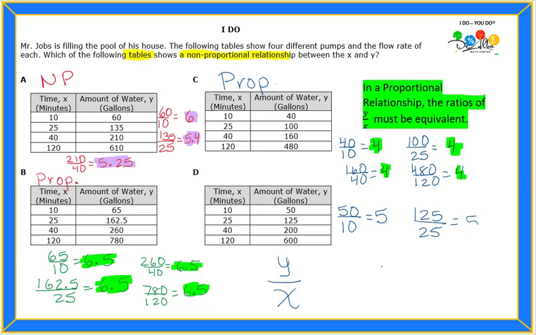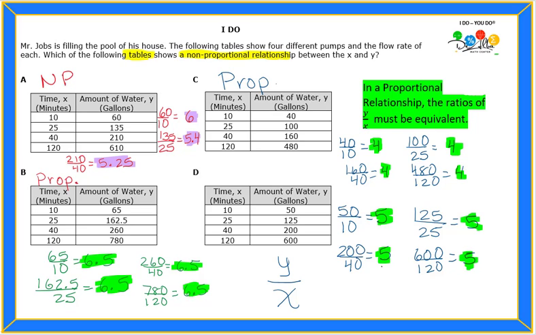A 5. So what do you notice about letter D? We're getting the same numbers, right? And if you were to continue and finish it up, you will get a 5. And on the last one, go ahead and divide that, and you still get a 5.